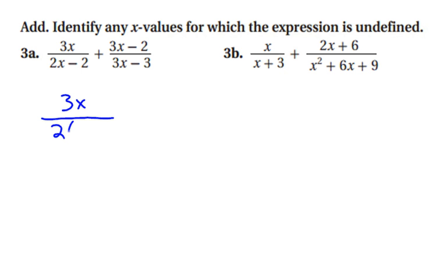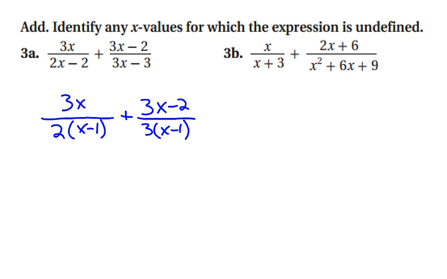If we factor out a 2, we have an x minus 1. In the second expression, 3x minus 2 over, factor out a 3 times x minus 1. When we look at these two things, they already have an x minus 1 in both terms, so we don't need to do anything there. But in the first one, we're going to need to deal with that 3, and in the second, we need to deal with the 2.